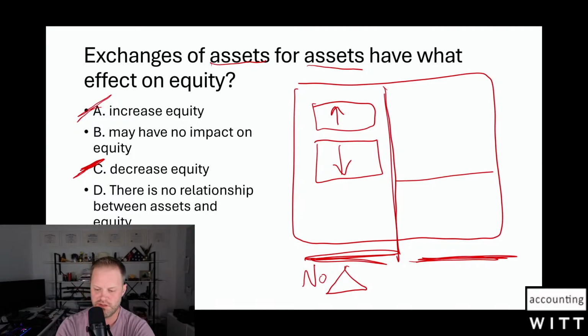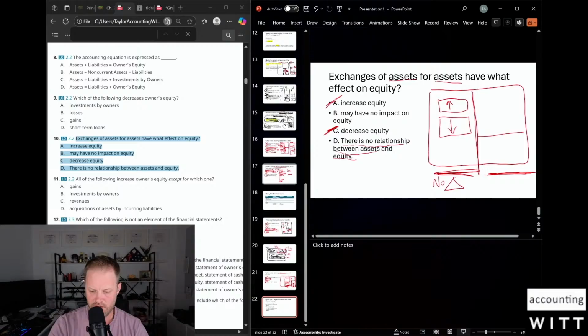Because if their values are the same, then there's no effect on equity. This statement, there is no relationship between assets and equity. That's crazy. I don't know how you justify that one. How could that be? What is this trying to do?